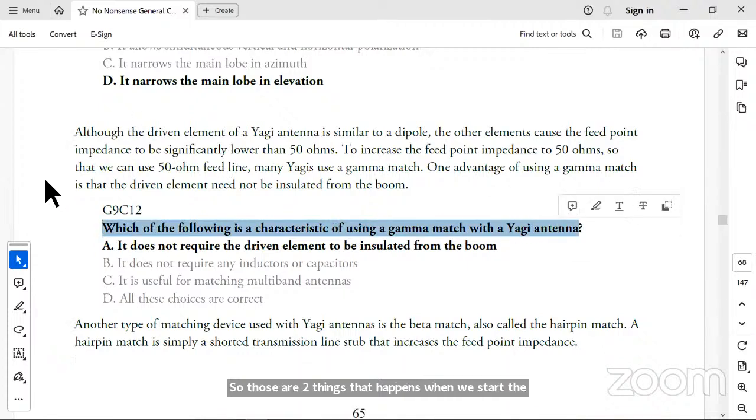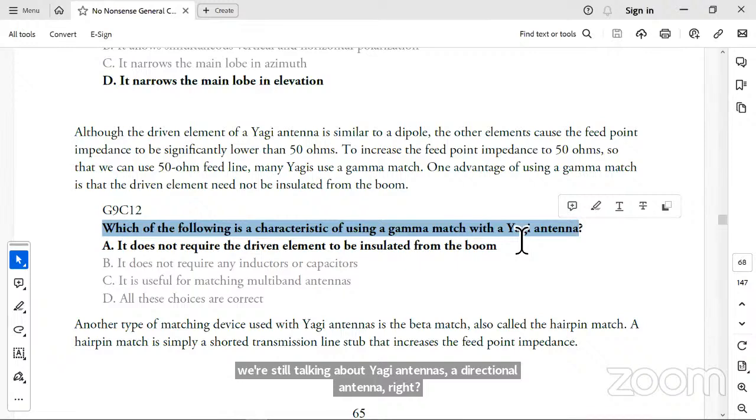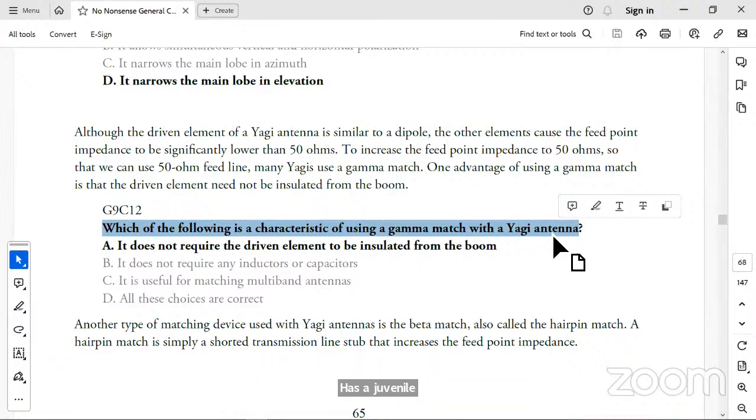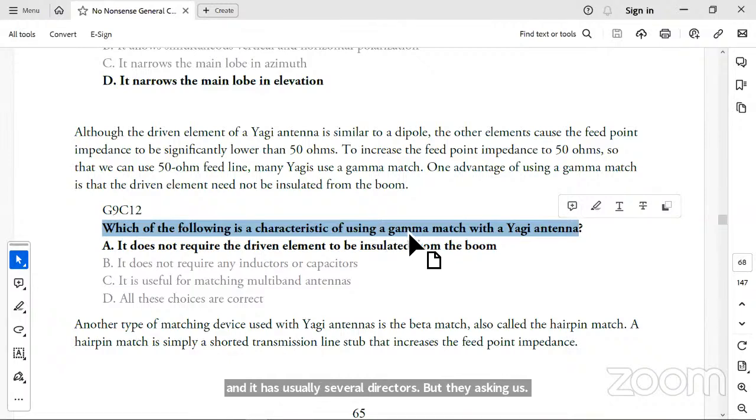Okay, which of the following is a characteristic of using a gamma match with a Yagi antenna? So let's dissect this question a little bit. We're still talking about Yagi antennas, a directional antenna, right? It has a driven element, it also has a reflector, and it has usually several directors. But they're asking us, what is the characteristic when we use a gamma match for that Yagi antenna?